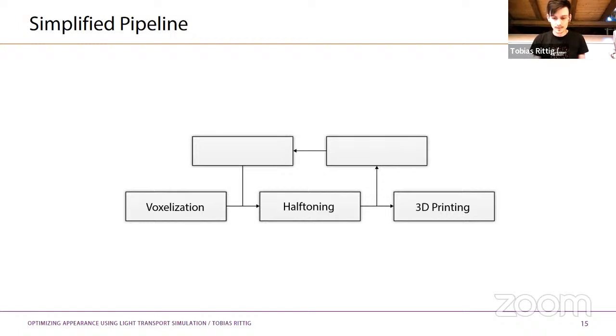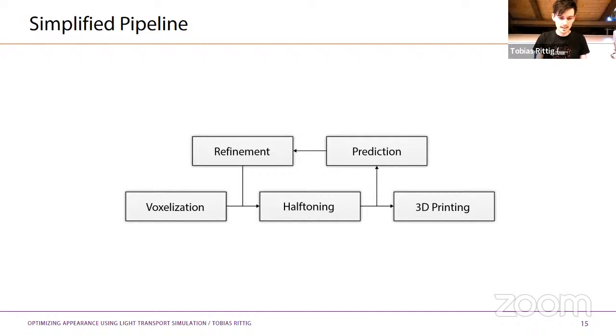And now this is the traditional pipeline that has been, I would say, inspired by a 2D printing approach. And the main difference to the scattering compensation approach is that here we also have an active feedback loop inside the pipeline, meaning that we first predict all the effects of what our current solution is showing, and we can see the artifacts that we would see in a real 3D printout.